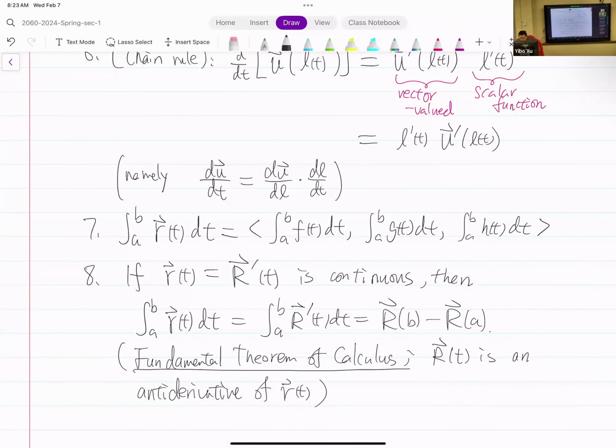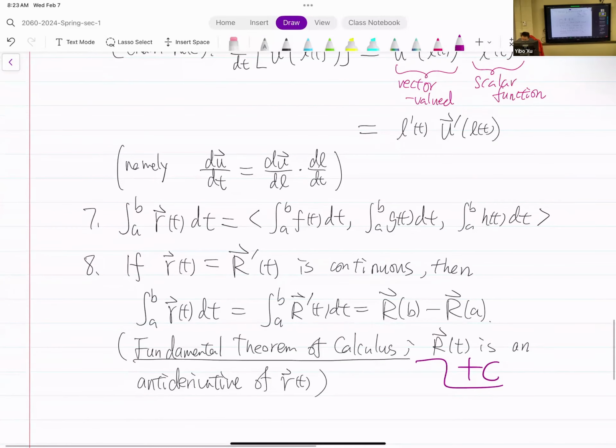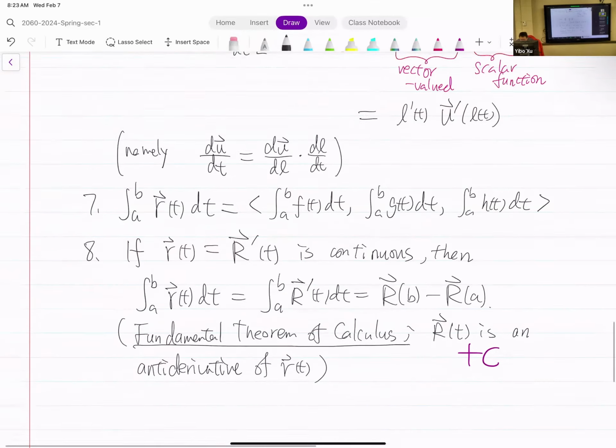And of course, similar to Calc 1, if you add whatever constant c, it is still an antiderivative, right? So any antiderivative cap R is good. Okay.